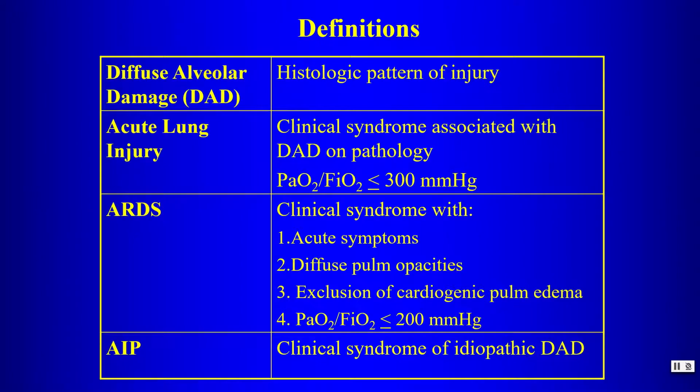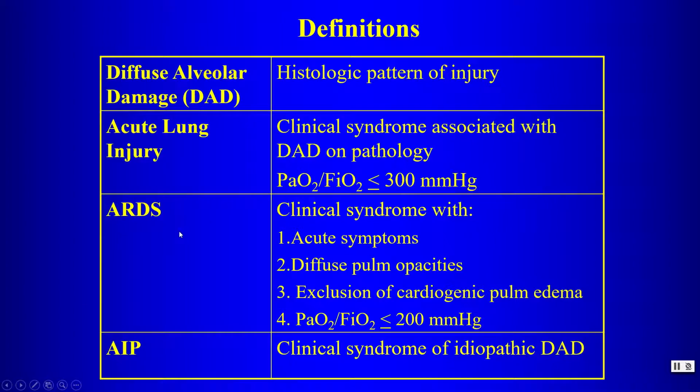Now, a few definitions. Diffuse alveolar damage. This is the histologic pattern of injury. Acute lung injury is a clinical syndrome associated with this particular pattern, and there is a definition for that as the PaO2 to FiO2 ratio less than or equal to 300 millimeters of mercury.